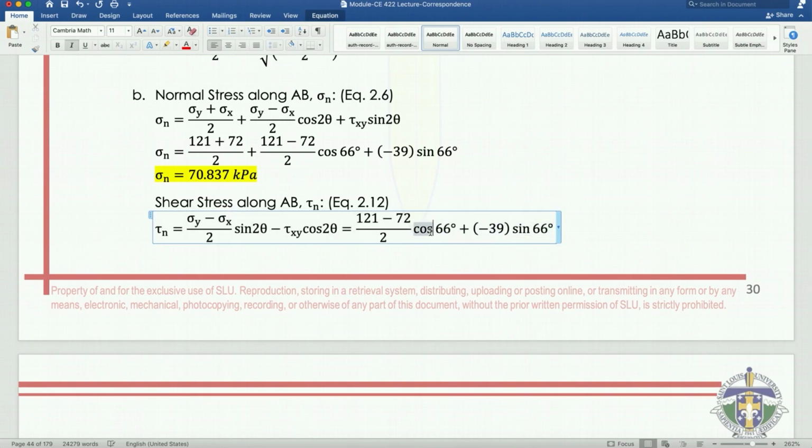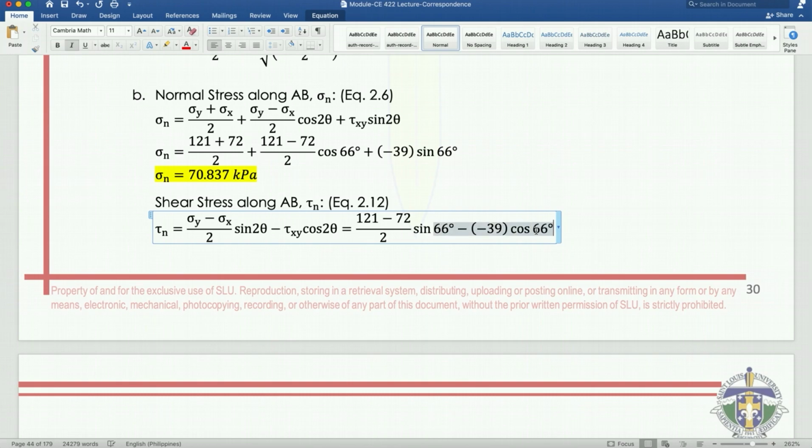This time, instead of cosine, we have sine. Minus, instead of plus, magiging negative 39. And instead of sine, magiging cosine of 66. So, sigma y minus sigma x over 2 sine 2 theta, sine 66, minus tau xy cosine 2 theta, minus negative 39 cosine 66.